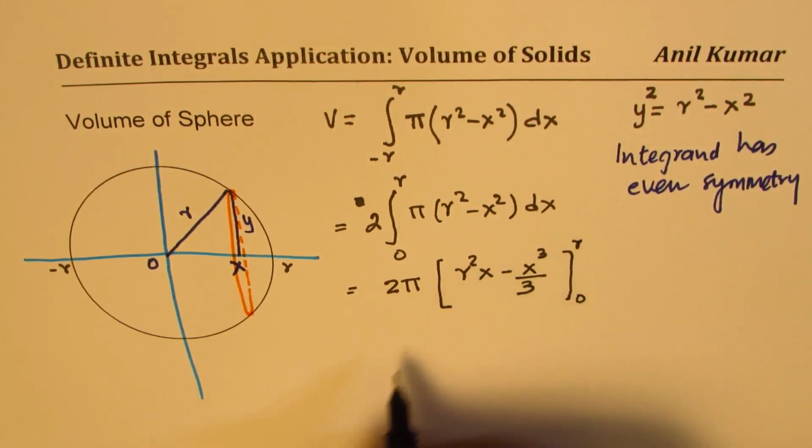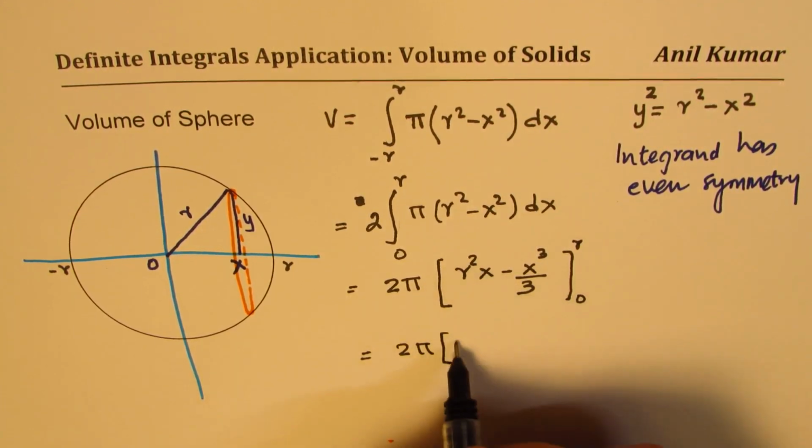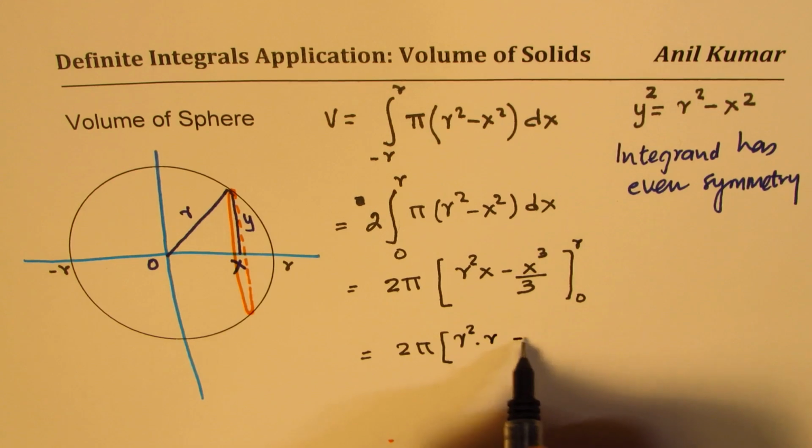Now let's substitute the values. We get 2 pi times (r squared times r minus r cubed over 3).